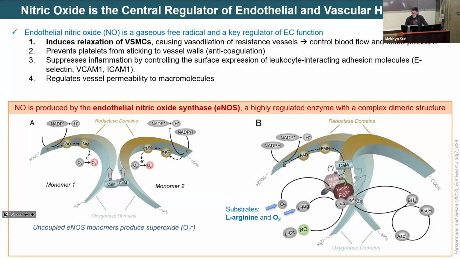So arginine, the amino acid, and oxygen go in, and the products are citrulline, which is another amino acid that's not part of proteins, and nitric oxide.